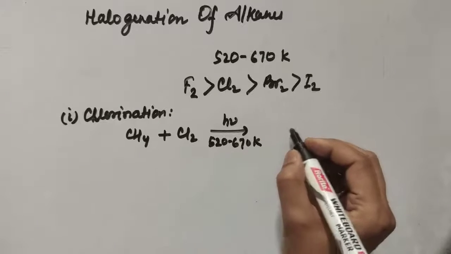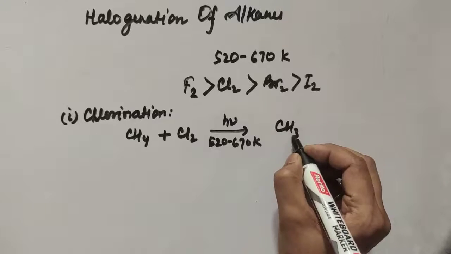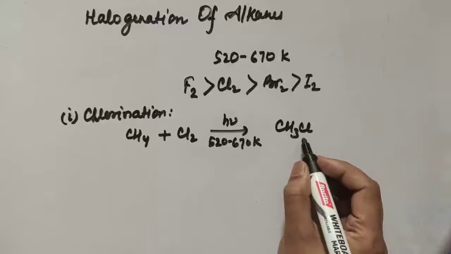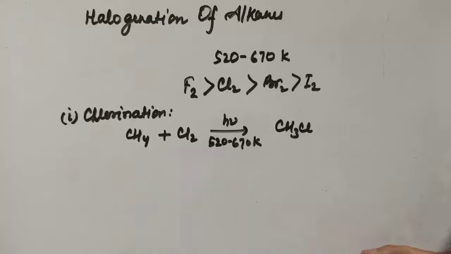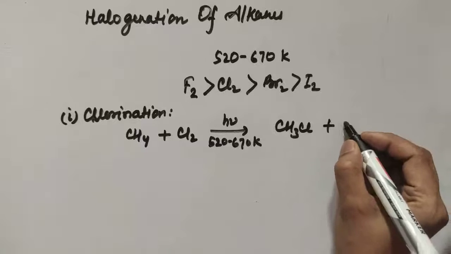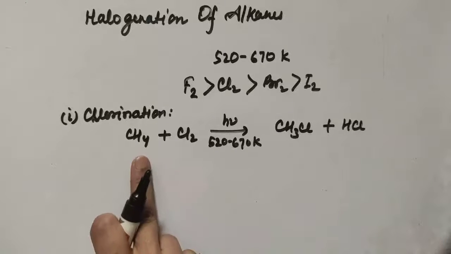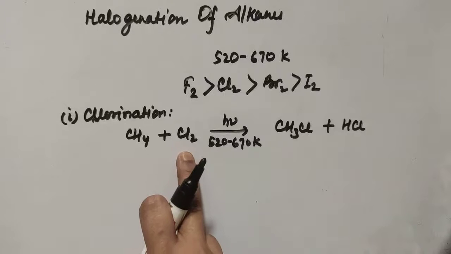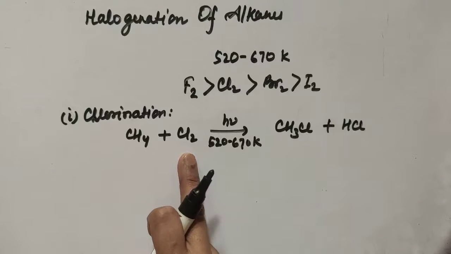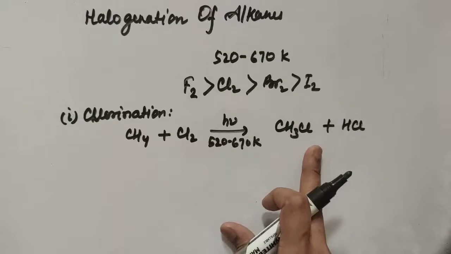So the first product formed will be CH3Cl by the substitution of one hydrogen atom. Okay, and the byproduct will be HCl, hydrogen from here, and one chlorine atom will be left from here. Okay, this is methyl chloride.